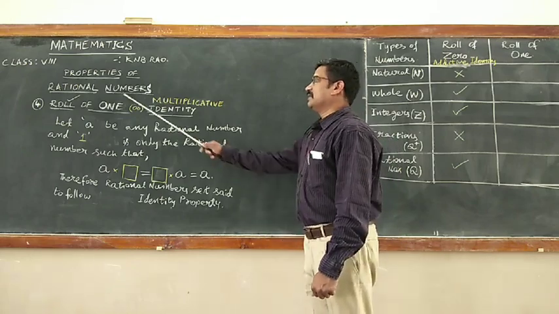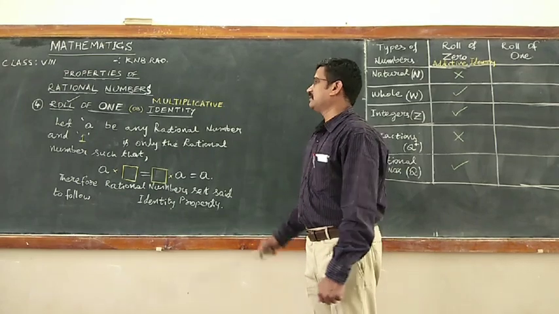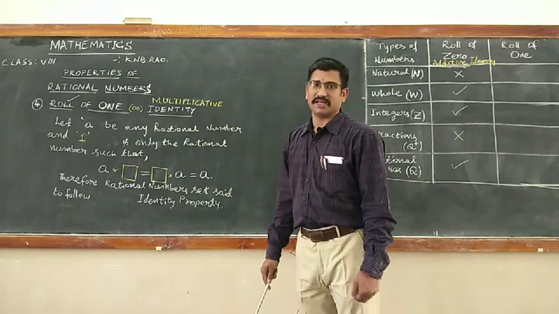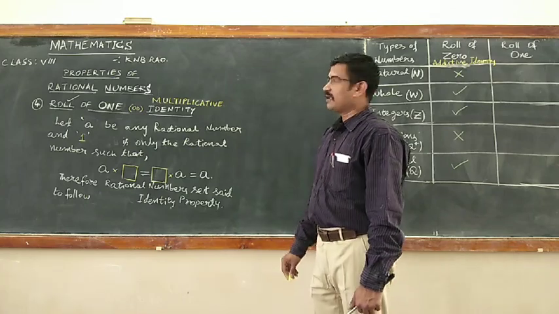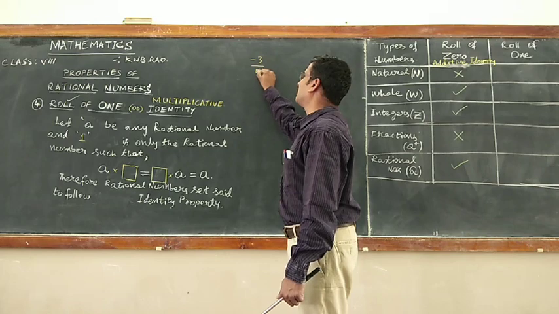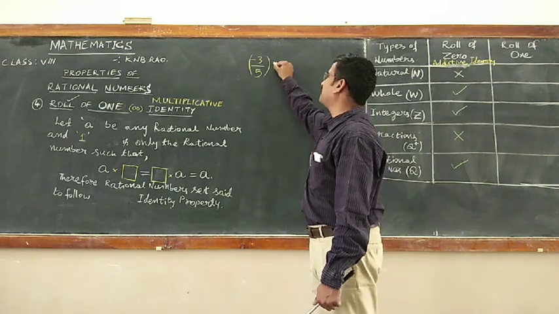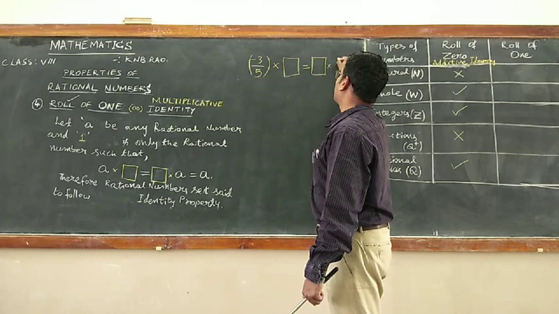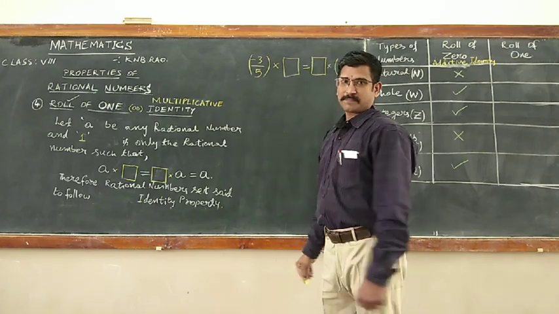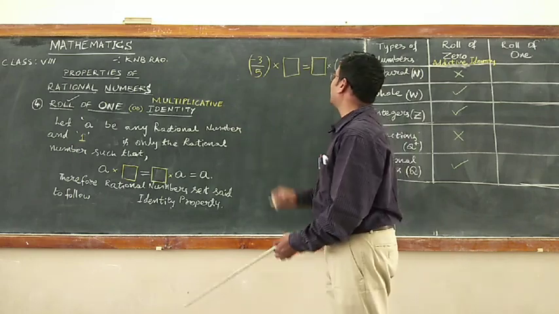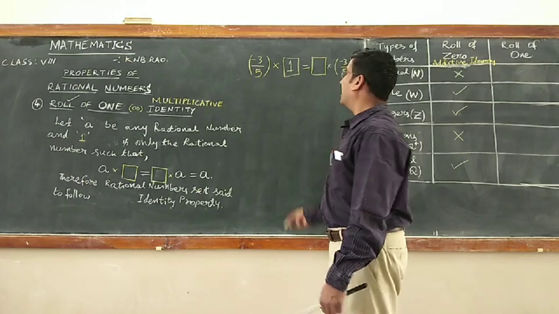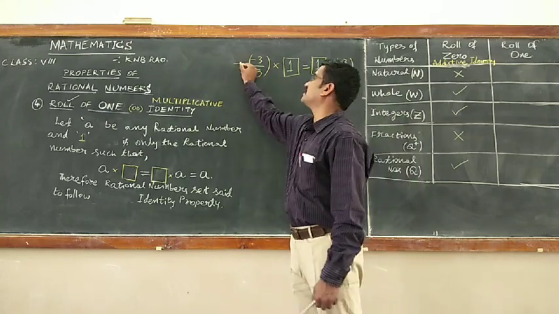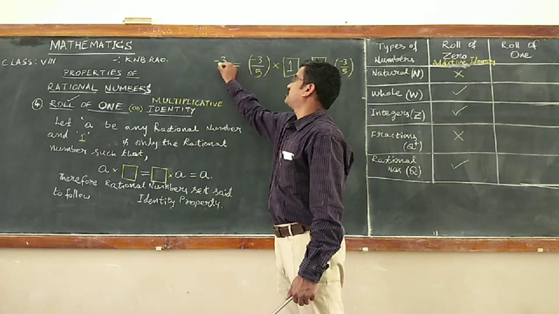See children, role of 1, or identity property under multiplication, or multiplicative identity property, tells us that if you take any rational number multiplied by this special number 1, or that number 1 multiplied by minus 3 by 5, gives us the same rational number.